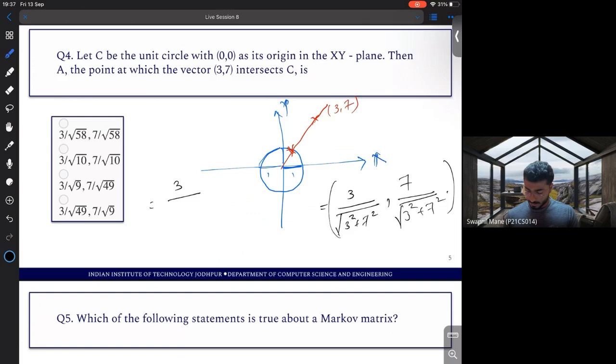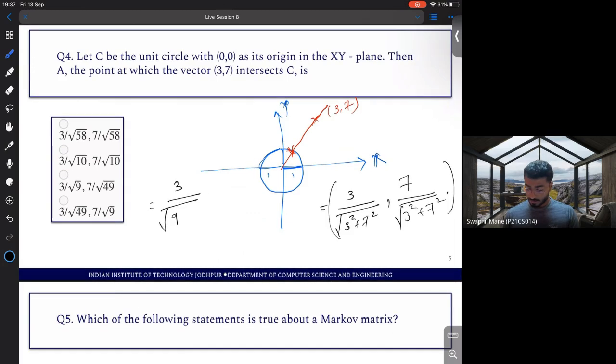So 3 divided by the square root of 9 plus 49, and the answer is 58.